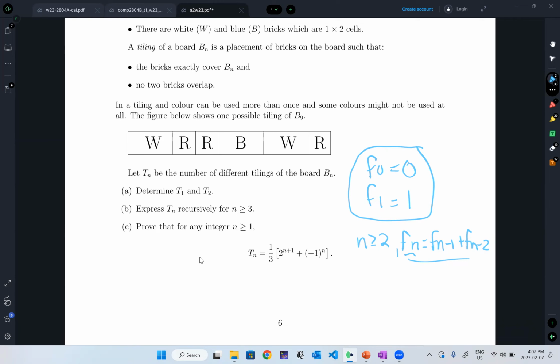If I'm missing the base cases, or if I give different base cases, these will have different values, right? So right now, the Fibonacci sequence is 0, 1, 1, 2. But let's say I took 4 here and 7 here.